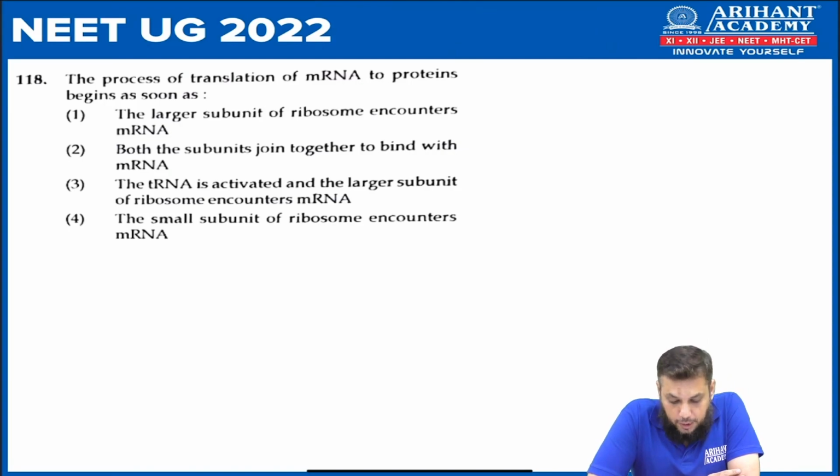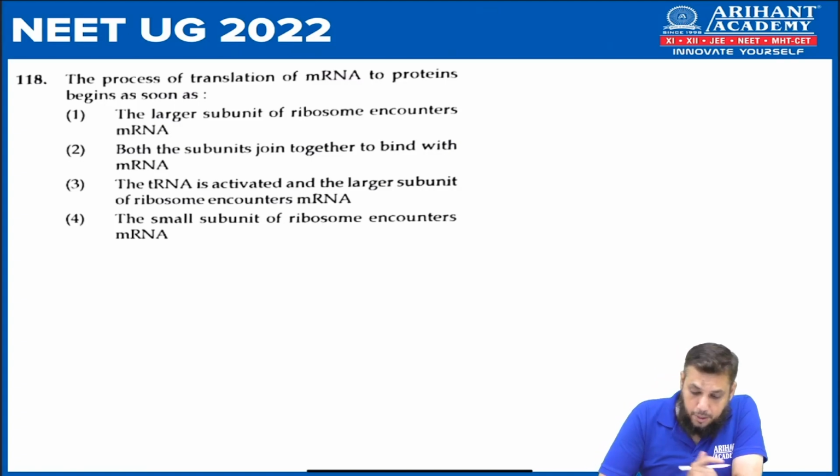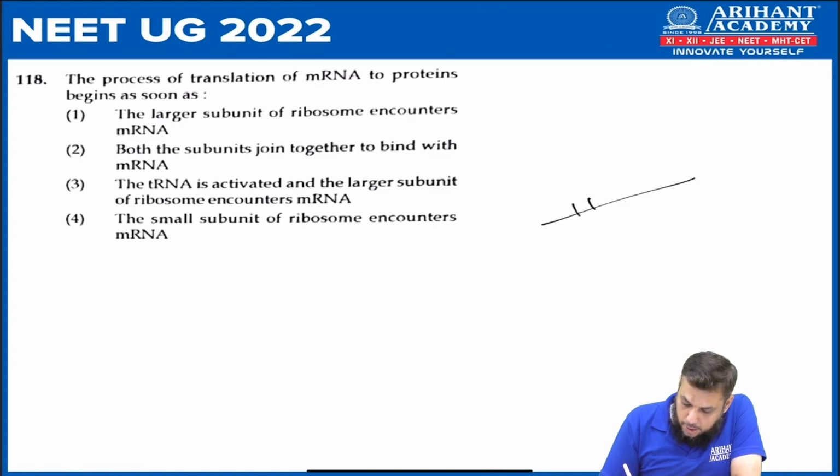The process of translation of mRNA to proteins begins as soon as, so this is from molecular basis of inheritance, when does the process of translation begin? When the smaller subunit of the ribosome binds to the messenger RNA.